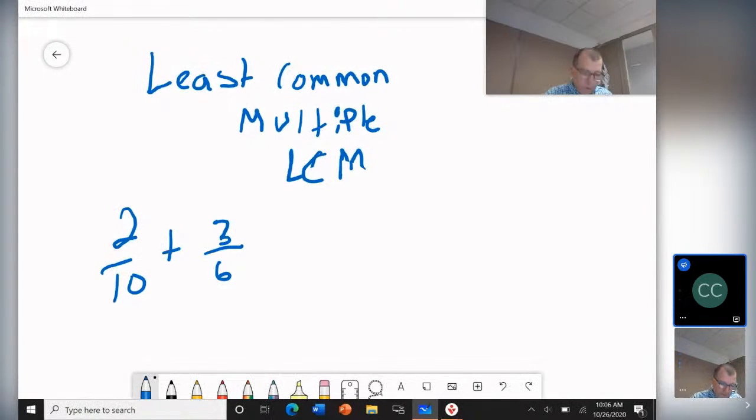Okay. We have different denominators. The numbers on the bottom, down below, are different. So we can't add those together. We have to find a common multiple.